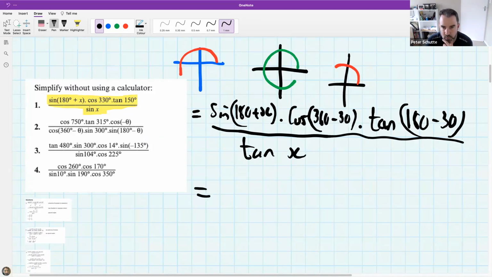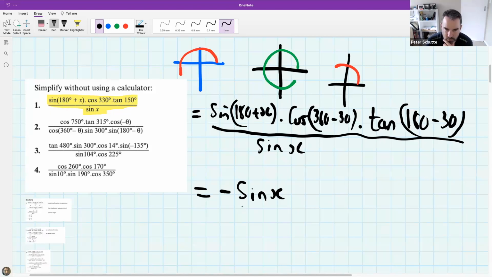But we still have to do our reduction. And for me, the sine of 180 plus x is in quadrant 3, which means it must be negative. And then it will be negative sine x. Oh, is it sine x at the bottom? Oh, love it. I love the feedback. Thank you, everyone. I'm making a human error there.